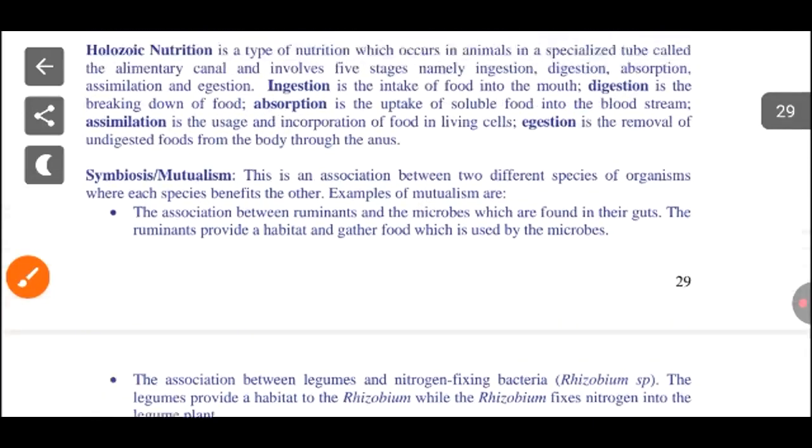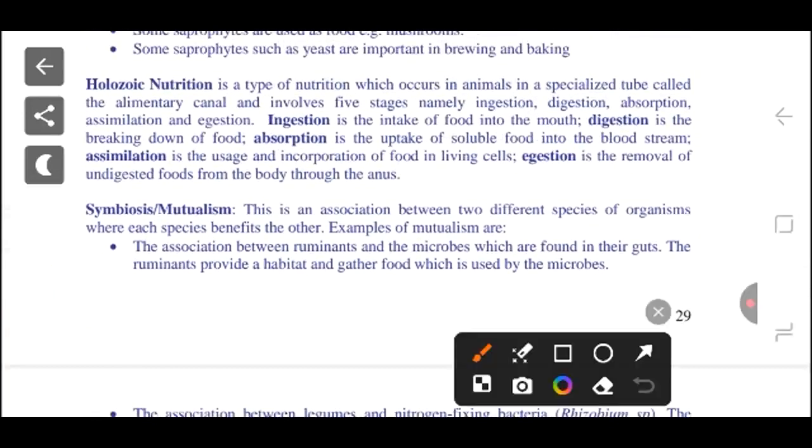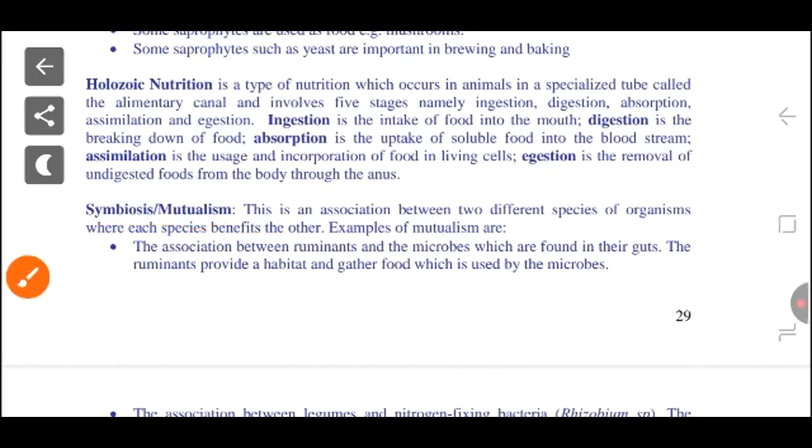Okay, so this is not a type of nutrition, but it's just an association, like a balance between two species of organisms by benefiting from each other.